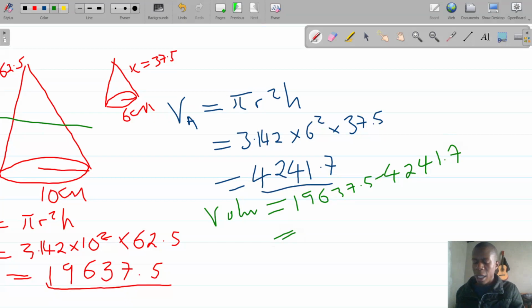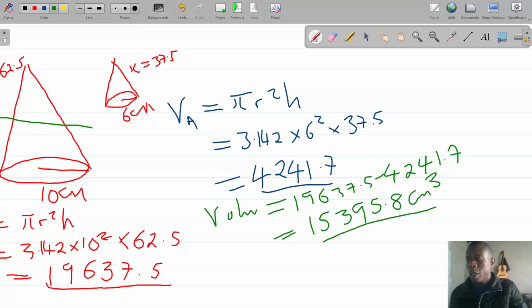So now subtracting that, punching that in your calculator, you get 15395.8 centimeters, because we are measuring in centimeters. Then you see everything is in centimeters, so we just say centimeters, then volume is cubed. So that is how you're going to calculate the volume of a frustrum.